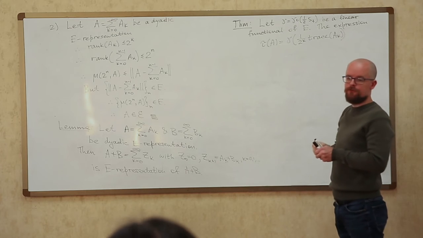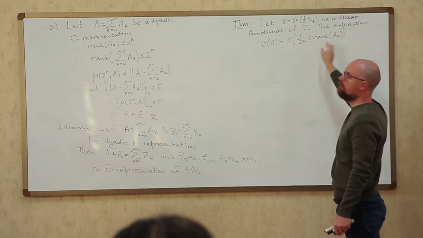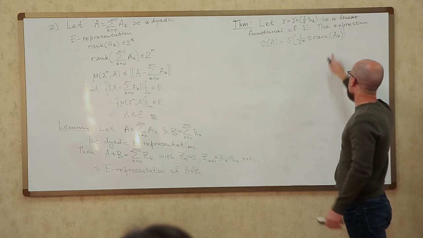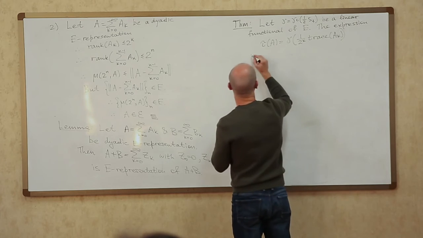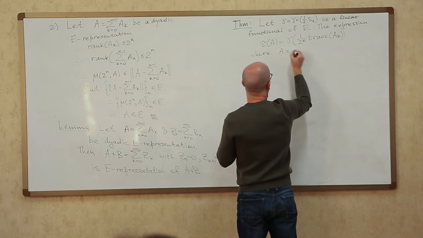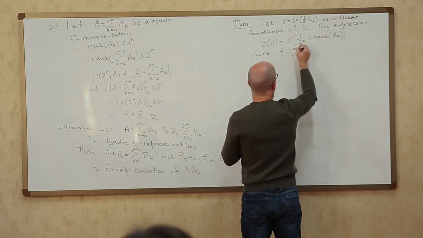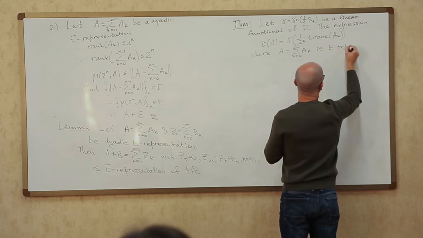So first of all, I use here again the functional application, so I apply the functional to the sequence, but I'm not putting the curly brackets. A equals the sum of A_k is a dyadic representation.